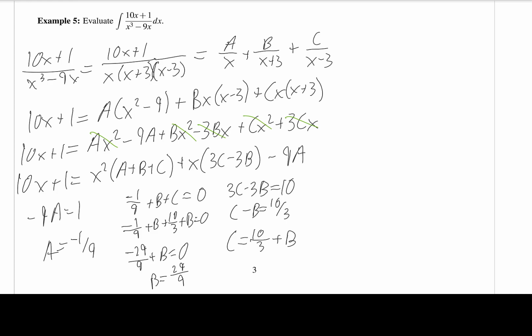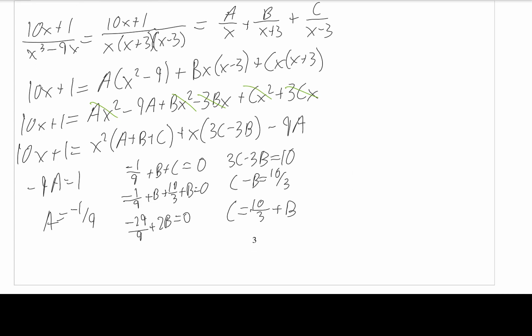And I'm making a mistake here because we had a b plus b, so that should have been 2b. Whoops. So this is 2b equals 29 over 9. So b equals 29 over 18. There we go, there's b.